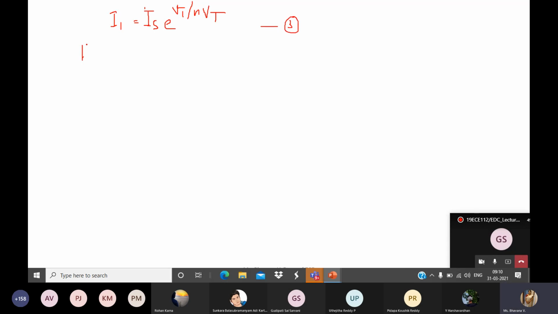Similarly, if I2 is the current corresponding to V2, what will be I2? I2 is equal to IS e power V2 by nVT. Equation number 4. We are going to find out the difference between the terminal voltages, V2 minus V1. So how can you get it?